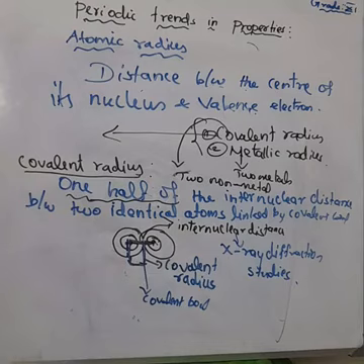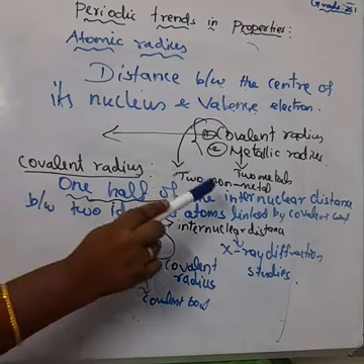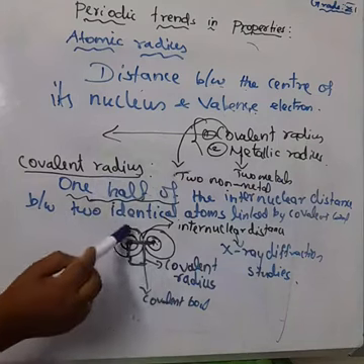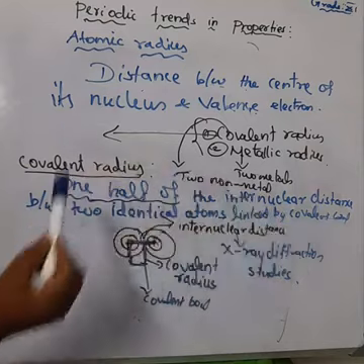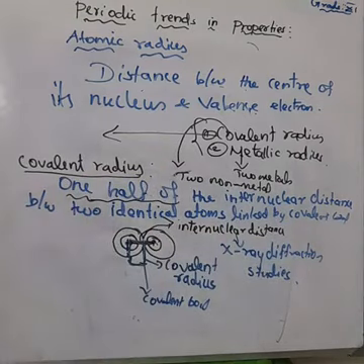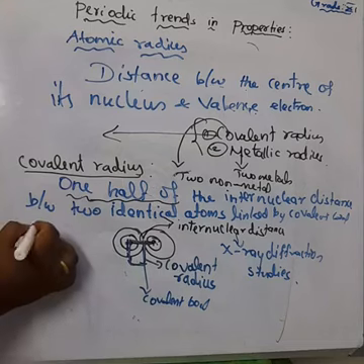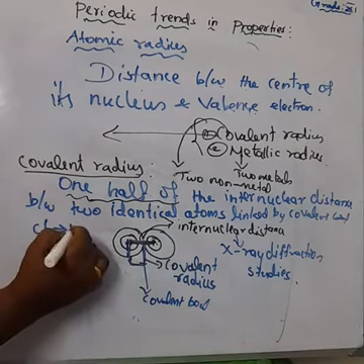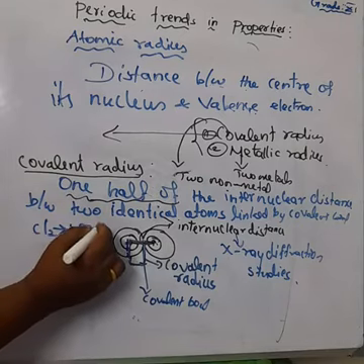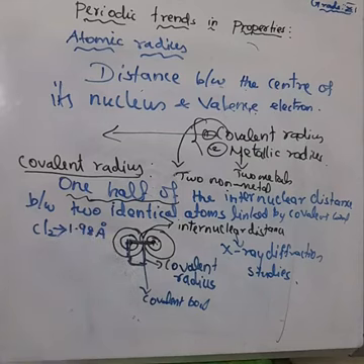What do you mean by covalent radius? It is one half of the internuclear distance between two identical atoms linked together by a single covalent bond. For example, the experimental internuclear distance in a chlorine molecule, Cl2, is 1.98 Angstrom.